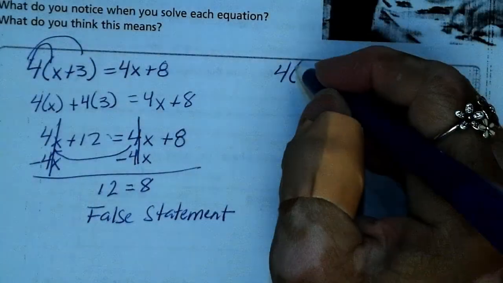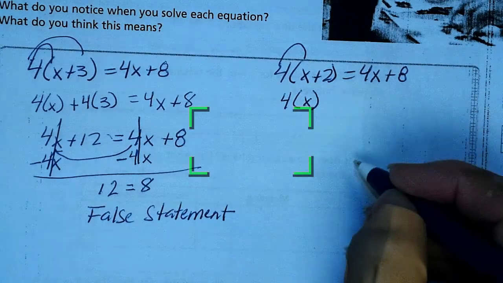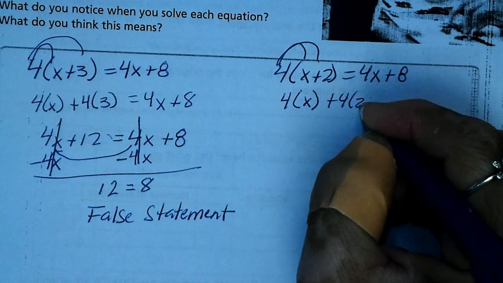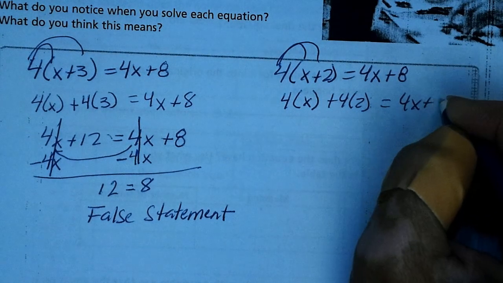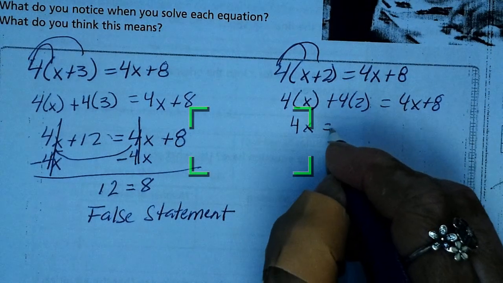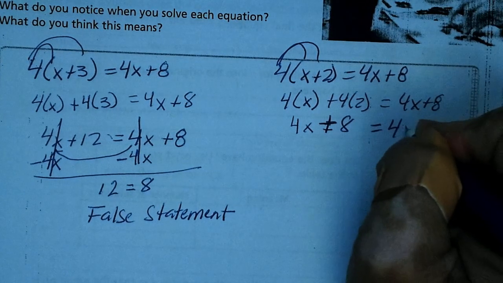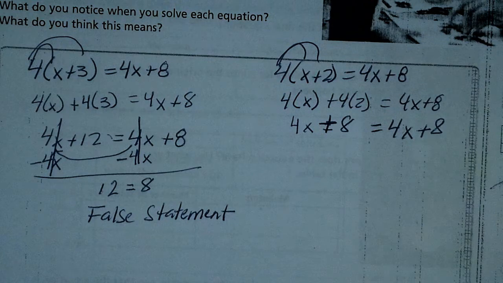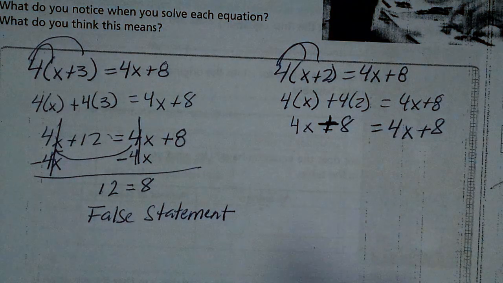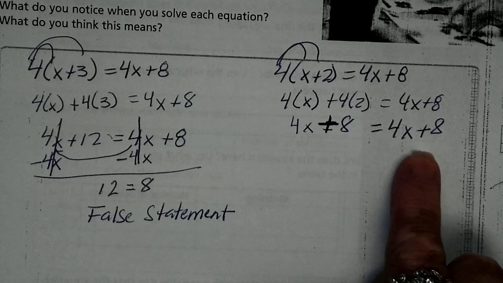Okay, so let's look at Maya and the teacher. So 4 times x is 4x, and 4 times 2 is 8. So I end up with 4x plus 8 equals 4x plus 8. So hopefully you notice that 4x plus 8 equals 4x plus 8.